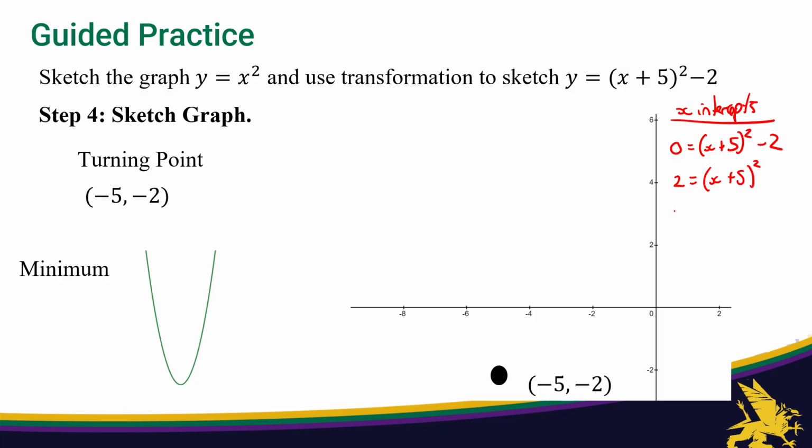I'll square root the 2. So remember, the square root of 2 will give me a positive and a negative square root 2 equal to x plus 5. And finally, I will take 5 from both sides, and that will give me plus or minus square root 2 take away 5.